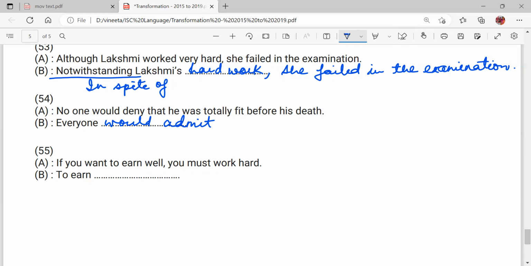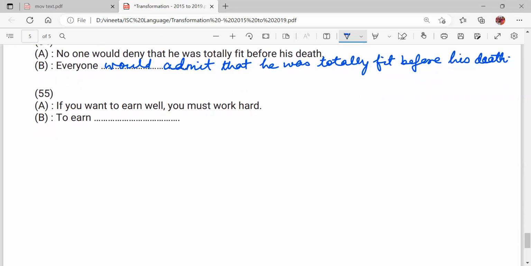Everyone would admit that he was totally fit before his death. Okay. Next, if you want to earn well, you must work hard. To earn well, comma, you must work hard. Right?